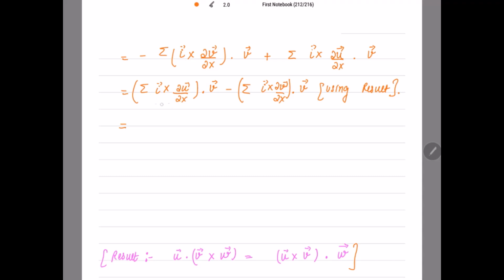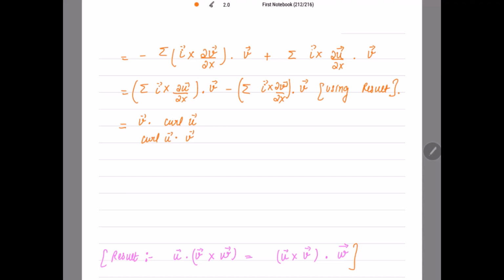Now this is nothing but the curl of u, right? So this is v dot curl u. It doesn't matter whether you write the dot product of v first or curl u first. So v vector dot curl u is equal to curl u dot v. It's one and the same thing.